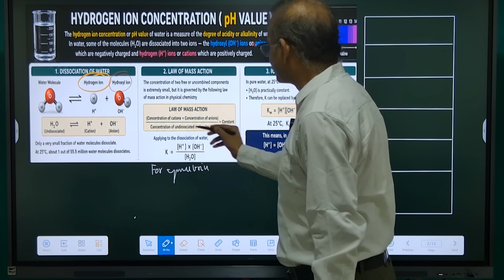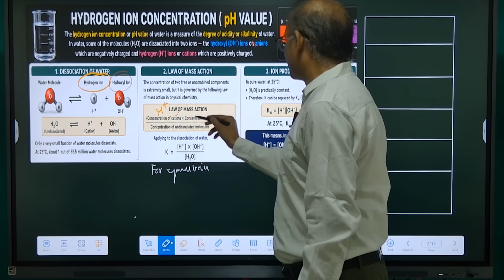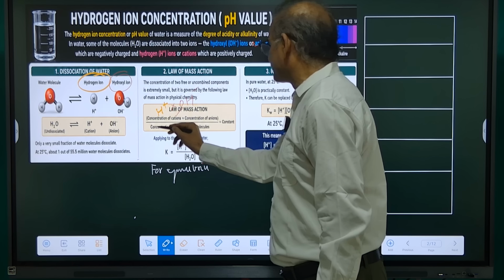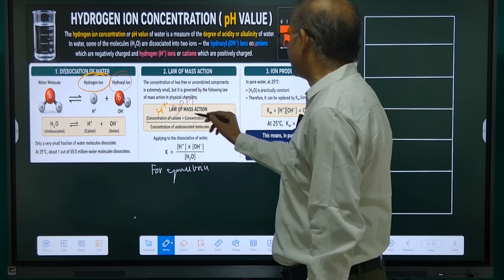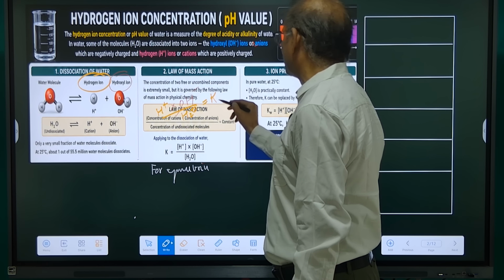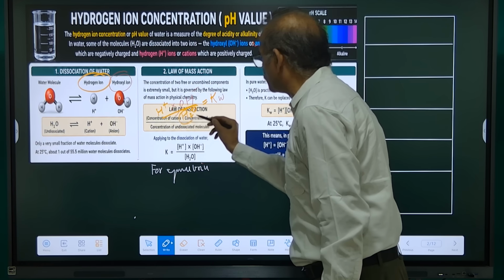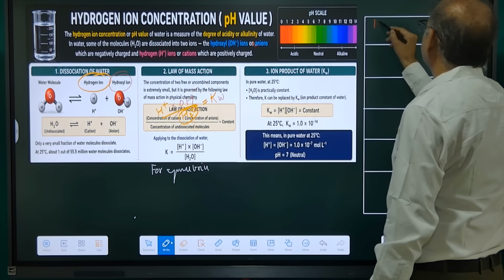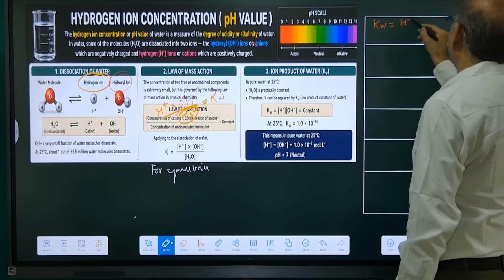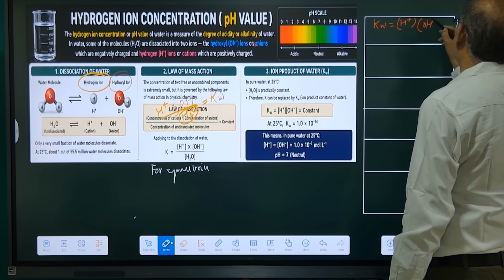In physical chemistry, the concentration of cations, that is H+ ion, and anions, that is OH- ion, divided by the concentration of undissociated molecules, that is H2O, is a constant known as the ionization constant Kw. Since we can consider H2O as unity, Kw will be the product of hydrogen ion and hydroxyl ion concentrations.